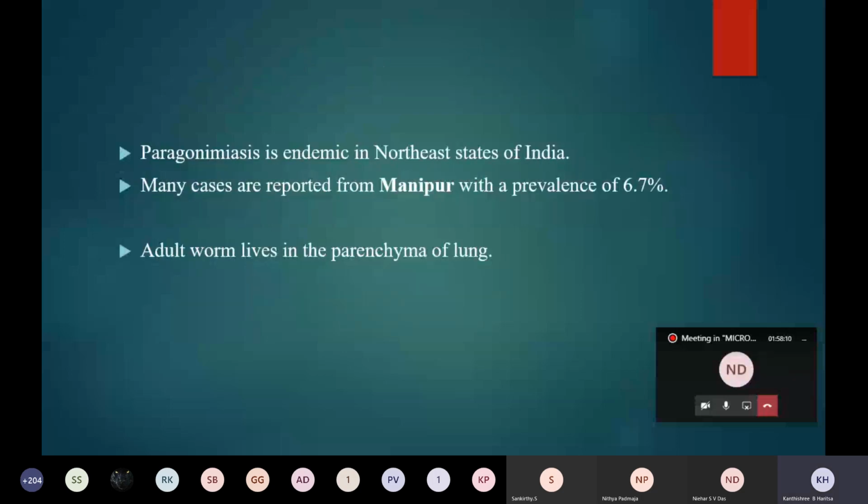Paragonimiasis is endemic in northeast states of India. Many cases are reported from Manipur with a prevalence of 6.7%. As I told you, the habitat of the adult worm is in the parenchyma of lung.